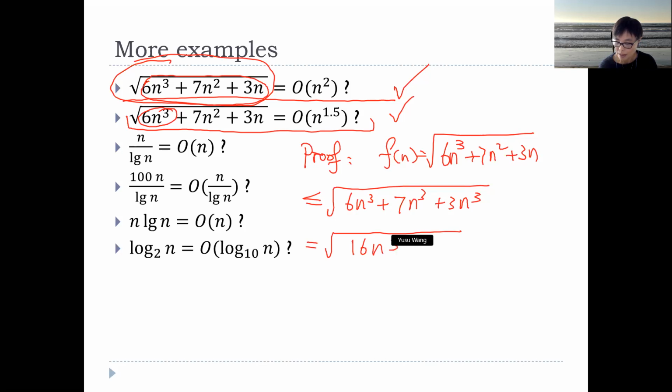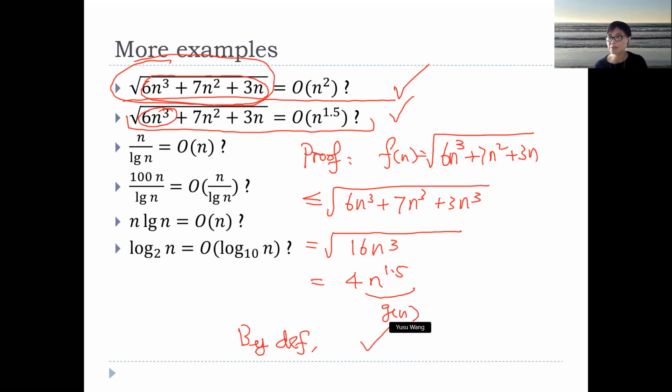That means this is 4 times n to the 1.5, and this is g of n. As such, by definition, this inequality holds.